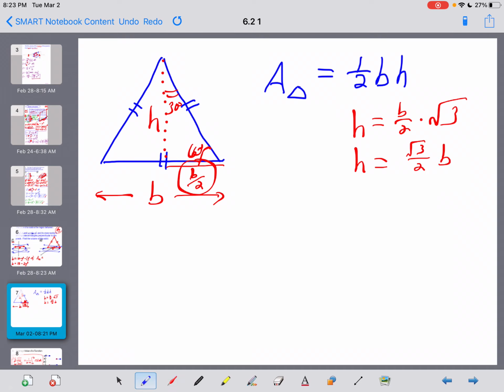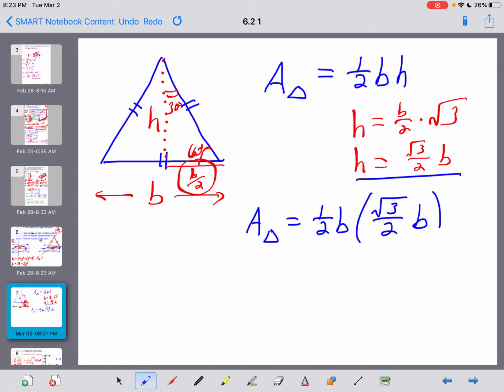So let me go back to this formula now in blue. Area of an equilateral triangle is 1/2 times its base, but its height can be expressed as root 3 over 2 times b. And what happens now? Area of our equilateral triangle is going to become root 3 over 4, and b times b is going to be b squared.